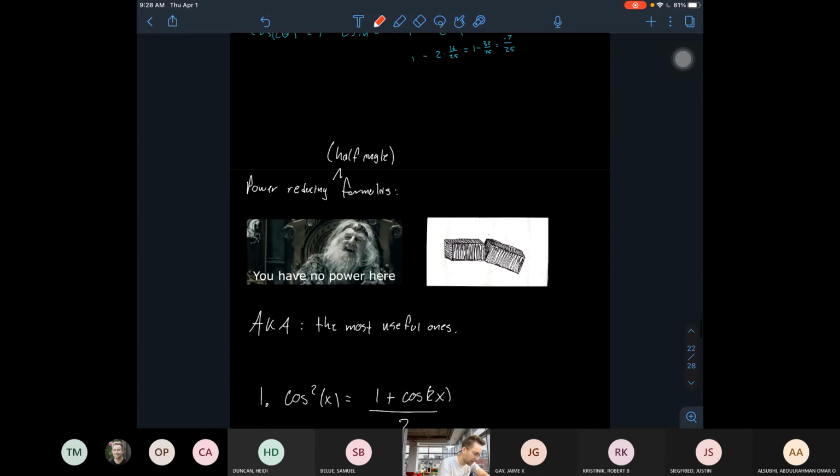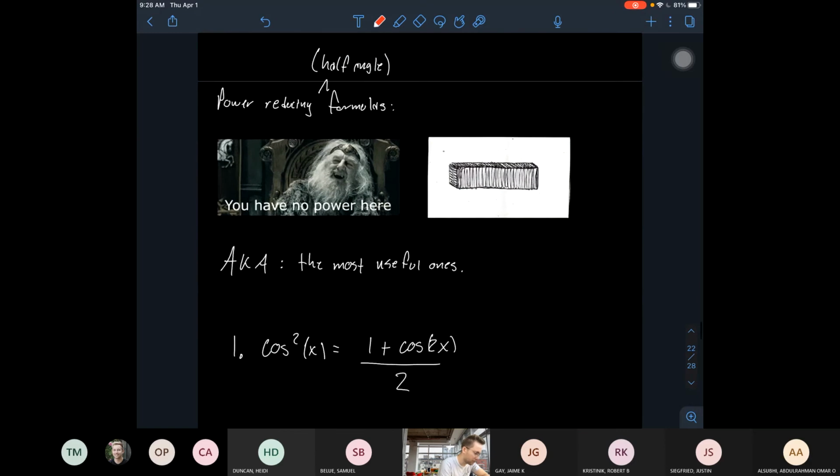Okay, so let's talk about the power reducing formulas. These are the so-called half angle formulas, and they are by far and away the most useful trigonometric formulas, probably in the history of trigonometric formulas.